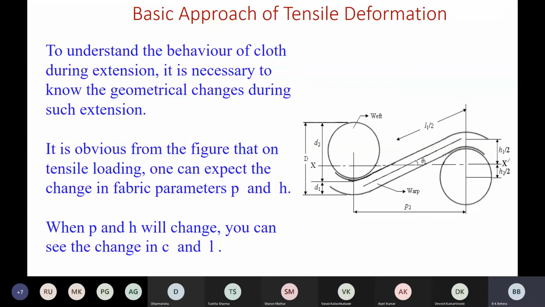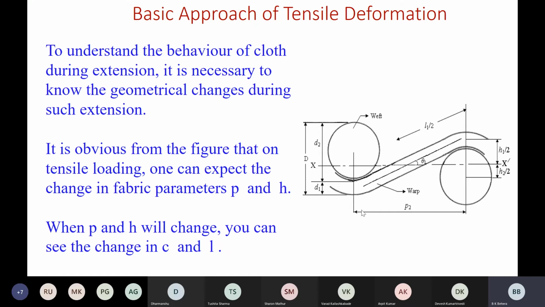So look at the diagram. If this fabric is extended in warp direction, for example, which parameter will change? If it is extended in this direction, the cross section will be compressed in transverse direction and it will be extended in this direction.